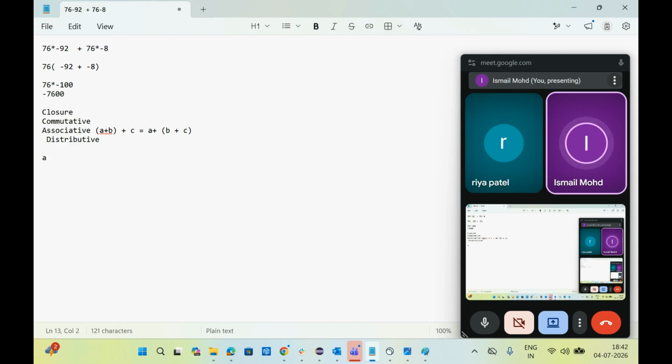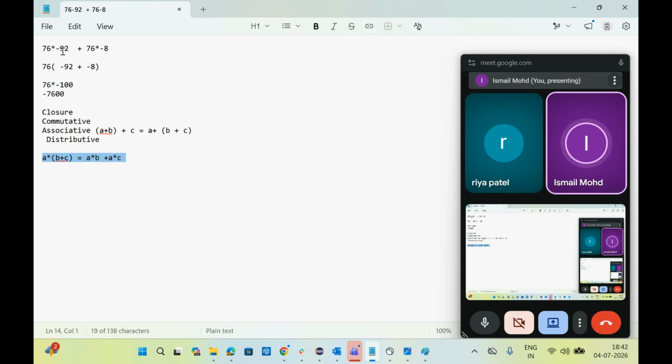But what is distributive? If you have a into b plus c, this is nothing but a into b plus a into c. Now which property are you applying here? See, a into b plus c is a into b plus a into c.